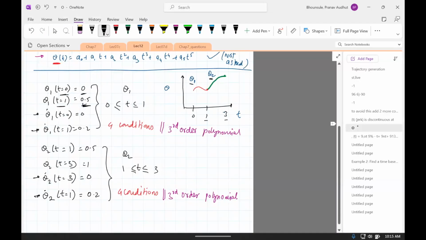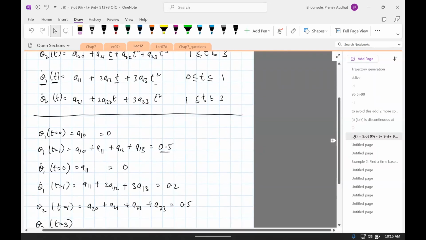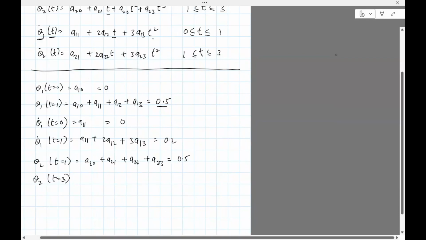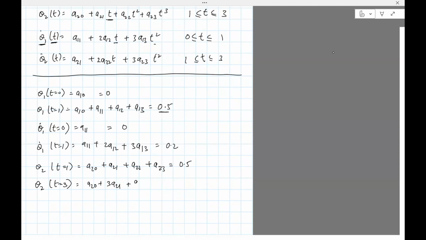So if you go here, you see that theta 2 at t equals 3 is 1. So I put t equals 3 here. a20 plus 3 times a21 plus 9 times a22 plus 27 times a23 equals 1.